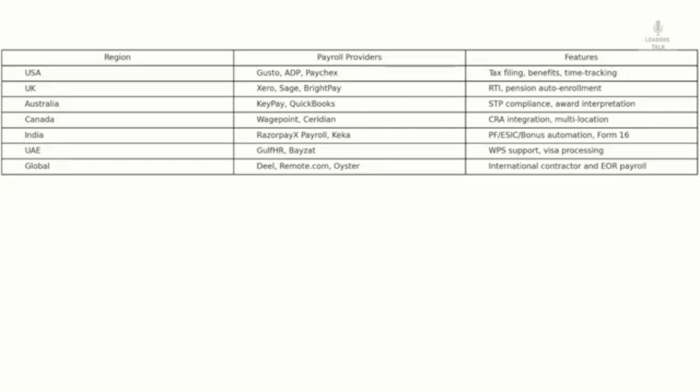In Canada, Wagepoint and Ceridian facilitate Canada Revenue Agency, CRA, integration and support payroll across multiple locations. Indian providers such as Razorpay's Payroll and Keka offer automation for Provident Fund, PF, Employee State Insurance Corporation, ESIC, and bonuses, along with Form 16 generation.